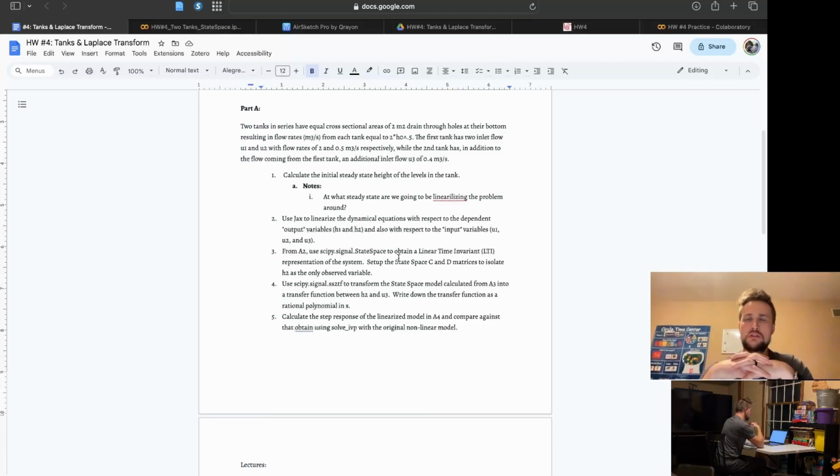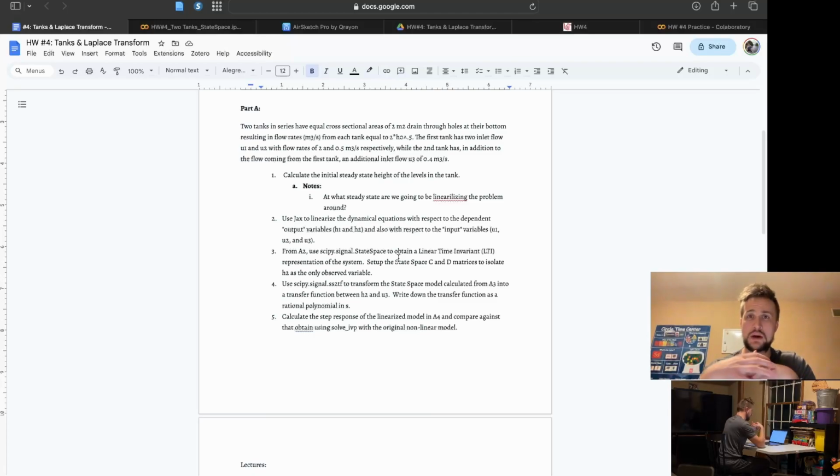But really, we want to explore the Jacobian method here because we want to assess how our functions are going to be changing with respect to different independent variables. So we've got our flows coming in, our system inputs, and we want to assess how the different functions within our system are changing with respect to our various inputs.